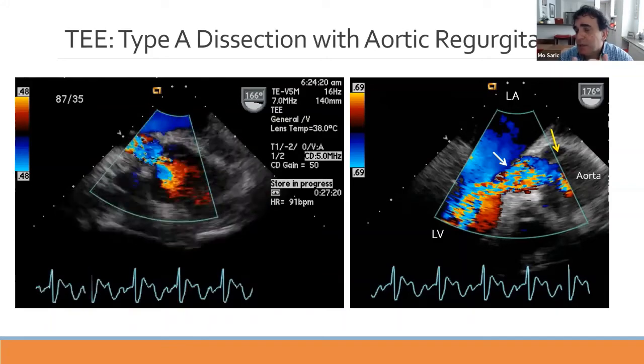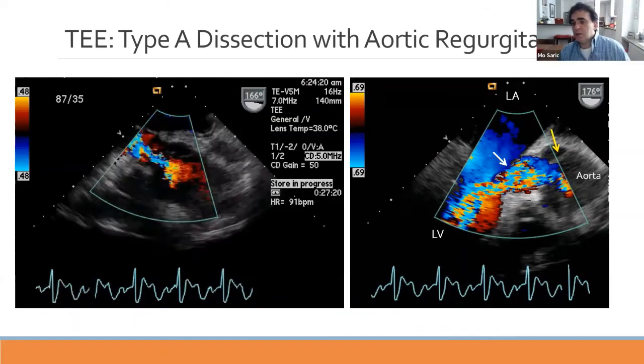It could be because of the dilatation of the aortic root separating the leaflets, and in that case it is similar to the mechanism of aortic regurgitation with aortic aneurysms that we discussed earlier. Again, you can see the yellow arrow points to the dissection flap consistent with type A dissection.